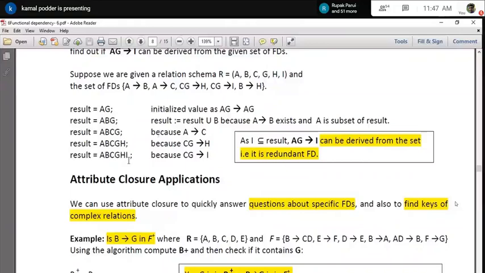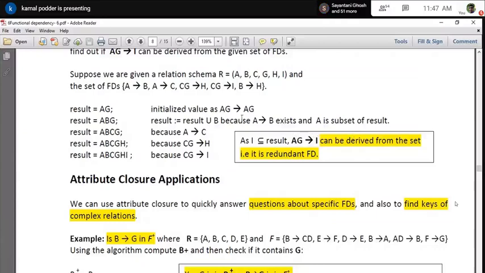So ultimately, when I find out the closure of AG, I get A, B, C, G, H, I, all these. Okay, mind it. Here I have A, B, C, G, H, I, everything. So I can say that I depends on AG.